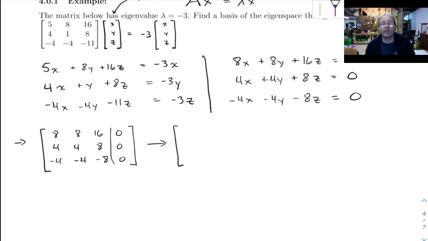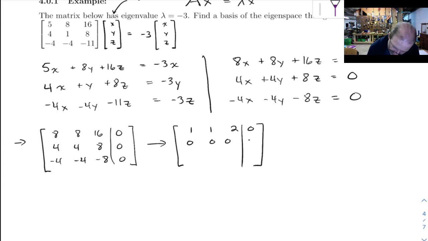We're looking for solutions to this. Solutions are x, y, z triples that satisfy this, so the solutions are going to be our eigenvectors. This we can actually row reduce pretty easily. Since all the rows are multiples of each other, the top row you can divide by 8 and get 1, 1, 2, 0. And the next two rows you can subtract multiples of the top row and just get all zeros.